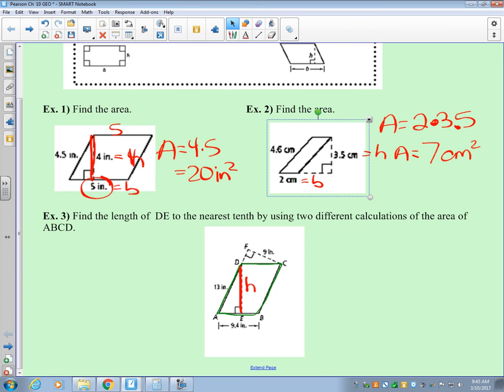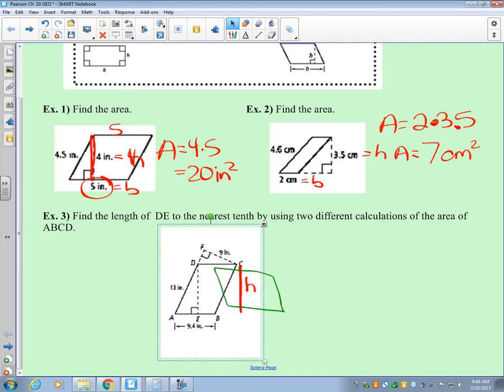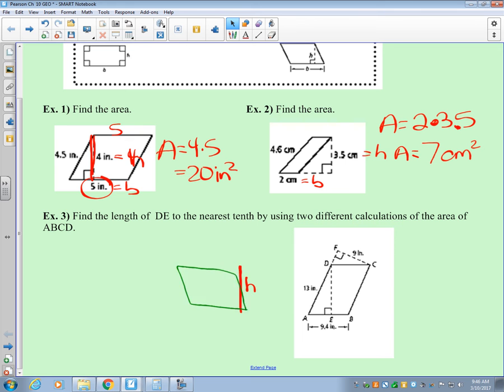Okay, but one of the issues is that it's oriented in a way that I can't see what my height is supposed to be.